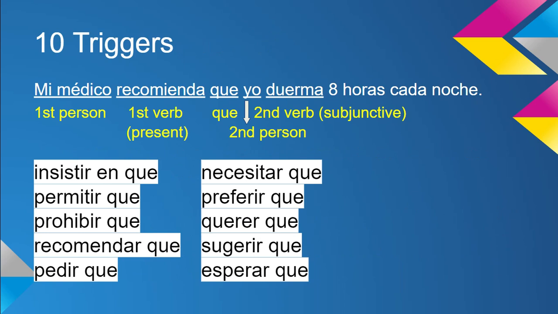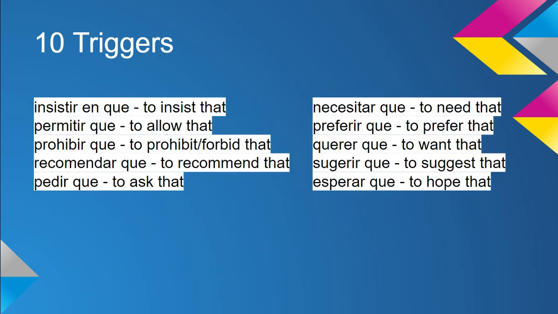We're going to call those our 10 triggers that you are responsible for. On the next slide, I'll go explicitly through what those mean and what they translate to in English. But notice I put the que attached to the end of them because they're not going to use the subjunctive without that que. So I just added it there.